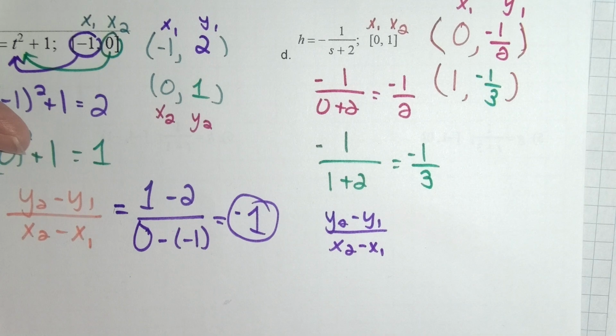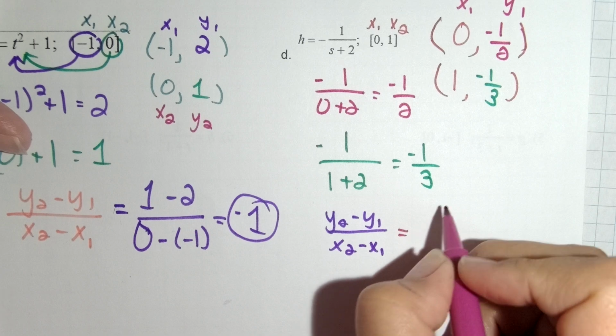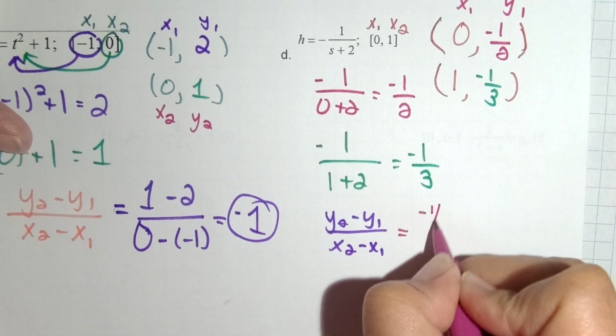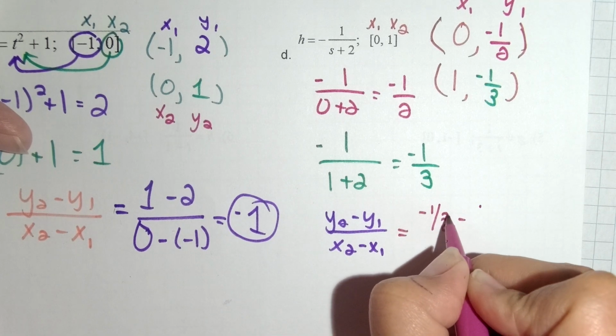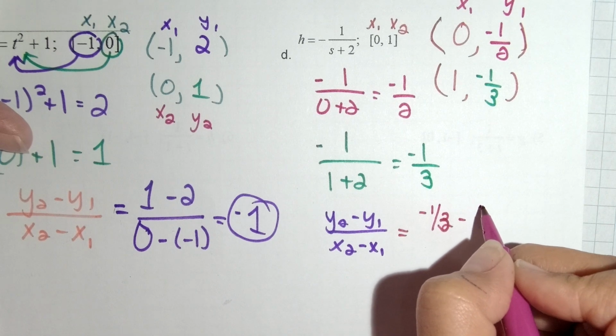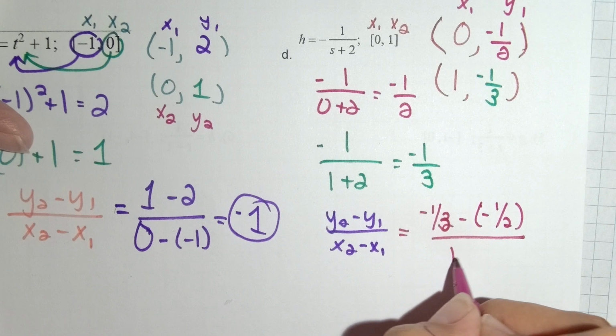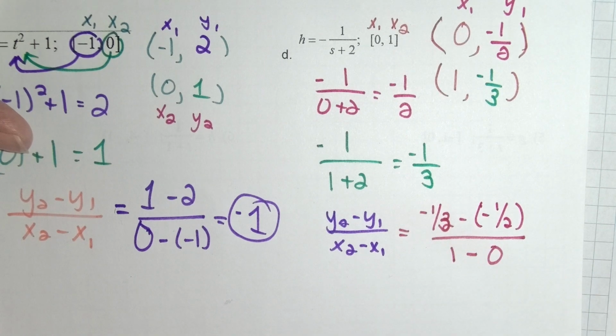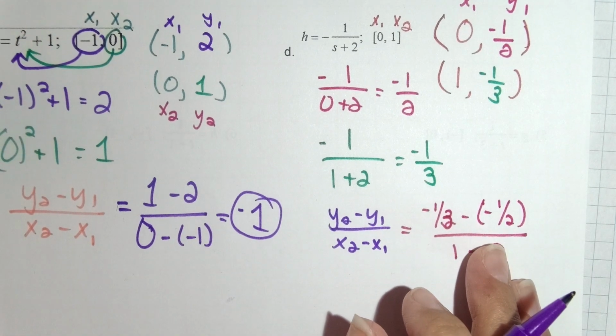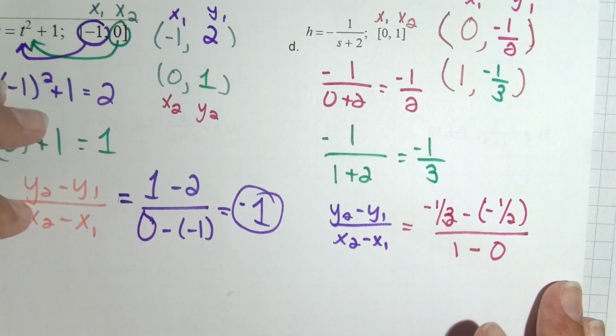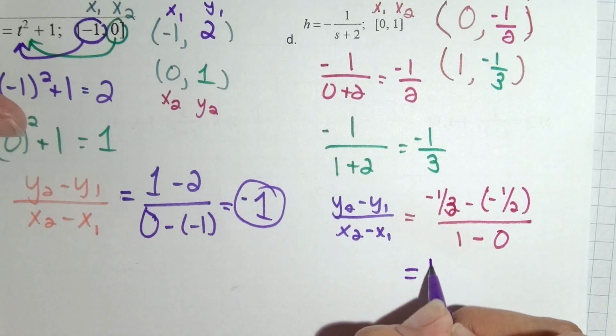So if you put this in your calculator, you're going to have to do the fraction twice. Negative 1/3 minus negative 1/2 over 1 minus 0. And when you put that into your calculator, I think that's 1/6.